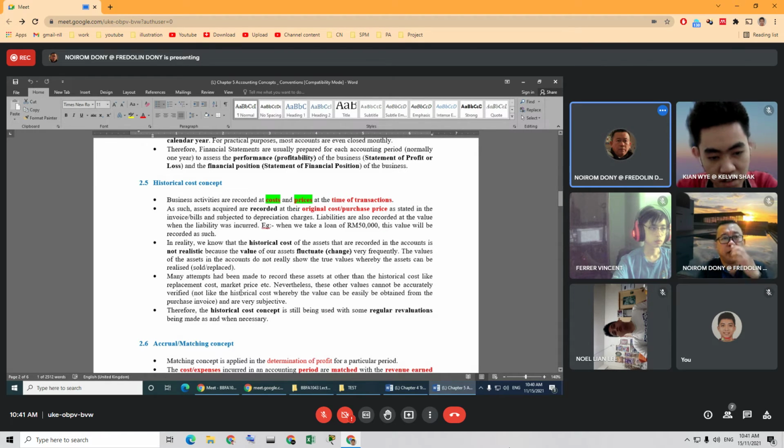The market price is changing from time to time, isn't it? If we keep changing the value of the asset, it's not practical, especially when you are using your judgment. If you're using judgment, the value is very subjective, not objective, unlike historical cost.